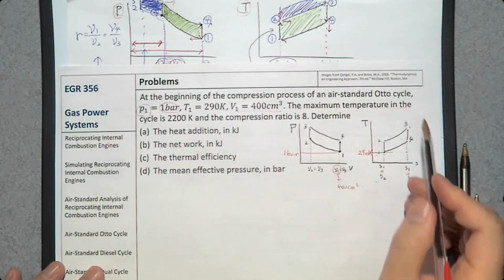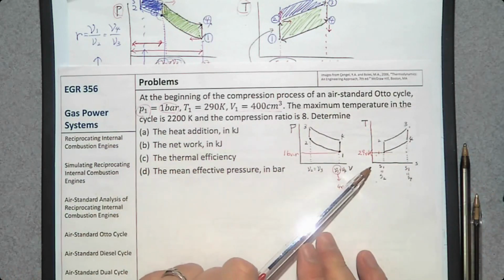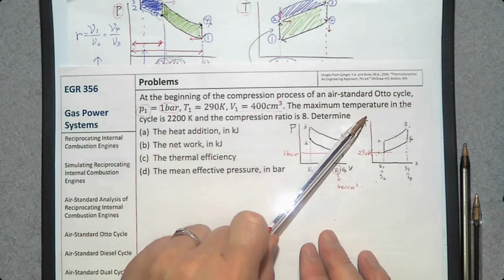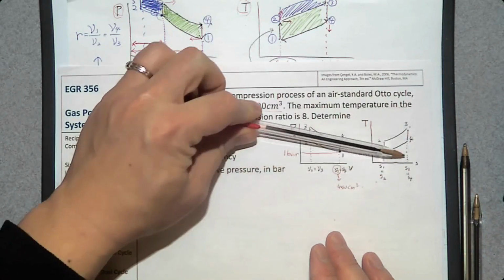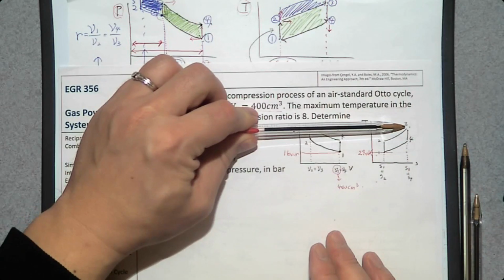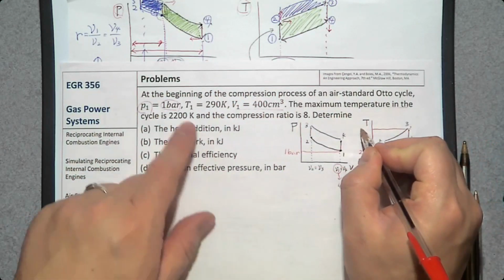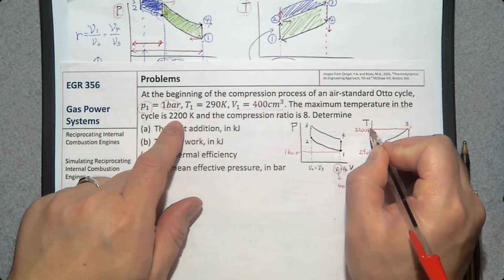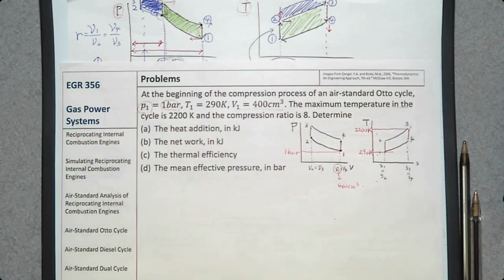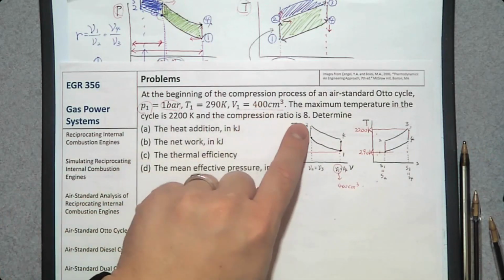And the maximum temperature, where is the maximum temperature? The temperature is the vertical axis on this TS diagram. T3 is the maximum temperature, so T3 is 2200 Kelvin. The compression ratio is 8.